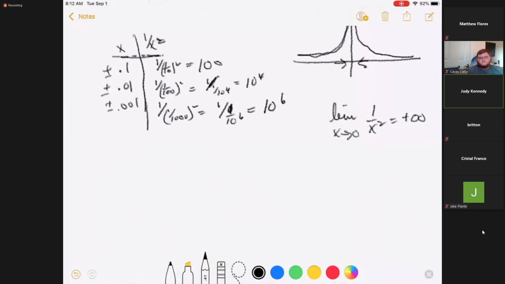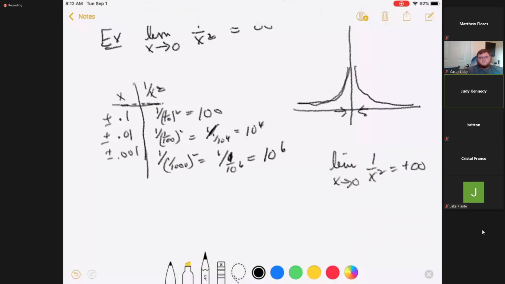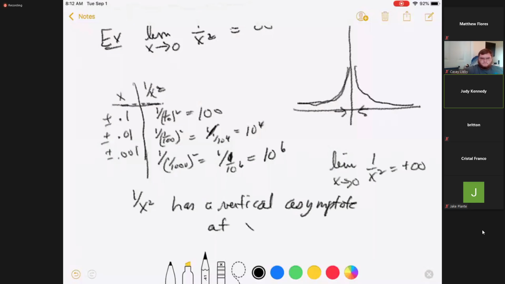And you say in this case, this function 1 over x squared has a vertical asymptote at x equal to 0.